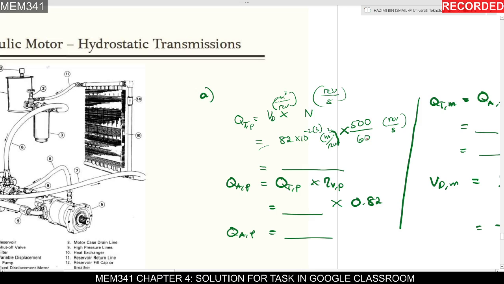So we will get 0.000683 meter cube per second.